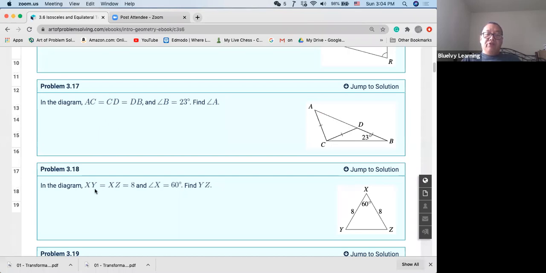Now let's go to 18. In this diagram, XY equals XZ equals 8, and angle X equals 60 degrees. They ask you to find YZ. Everybody try this. In this triangle, this is 60 degrees, and XY equals XZ equals 8.